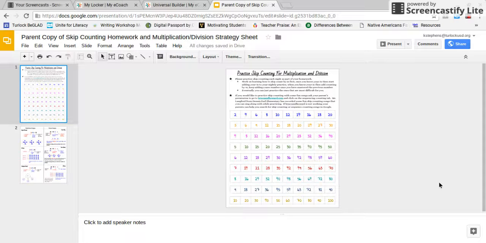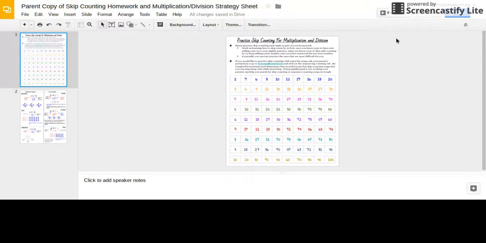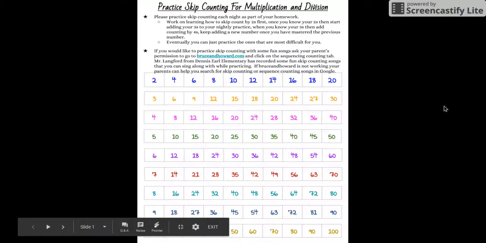Okay, so I'm going to review with you the new skip counting homework sheet that was sent home. We're really going to be pushing for skip counting to become automatic.